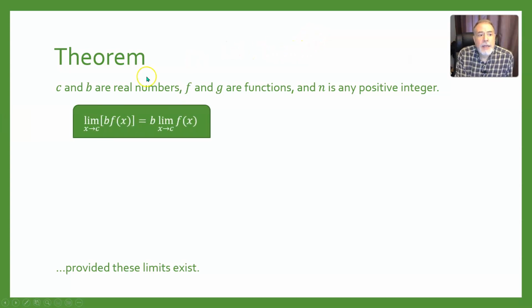Next, the limit of a constant times a function is equal to the constant times the limit of the function. So if you know the limit as x approaches c of f of x, and you look at a new function that's that original function times some constant b, the limit of that new function is just that number b times whatever the limit of the original function was.